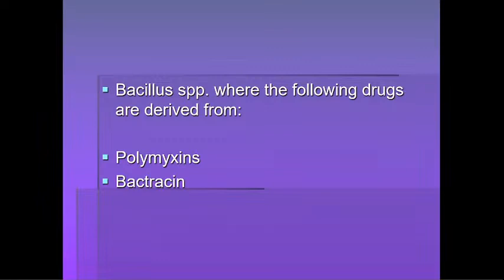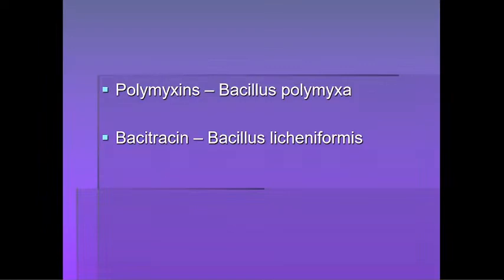These are species of organisms that can produce the following antibiotics: polymyxins and bacitracin. For polymyxin, the Bacillus species is Bacillus polymyxa, and for bacitracin it's Bacillus licheniformis.